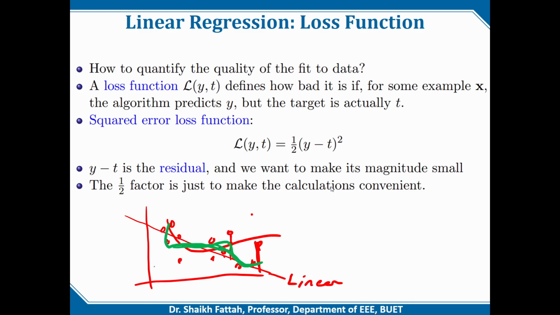So this is more nonlinear. So this is not the only single solution. So this could be another one. That means nonlinear regression is sometimes better. Sometimes nonlinear regression is better.